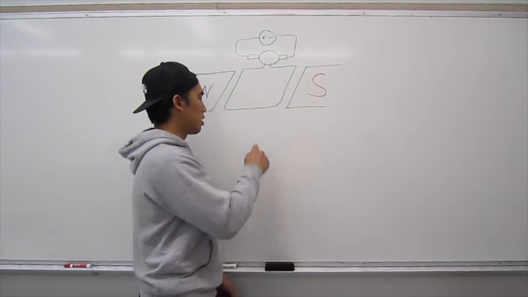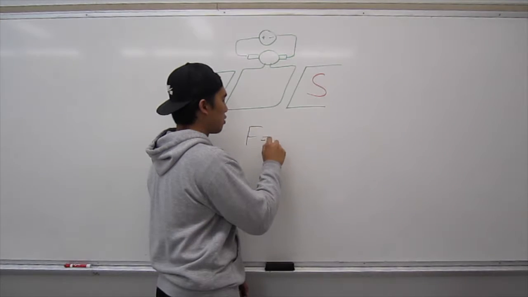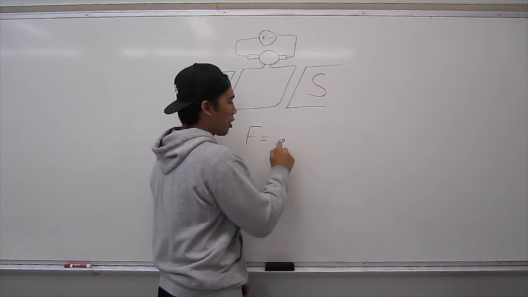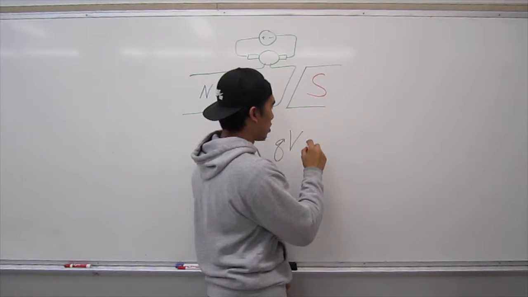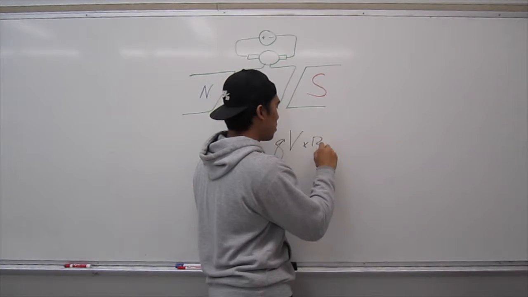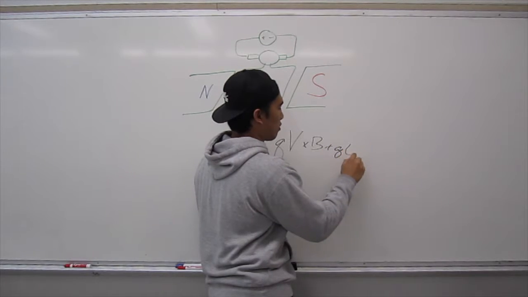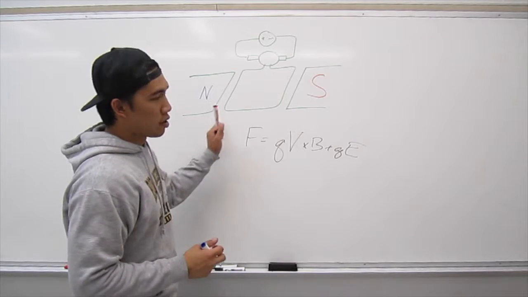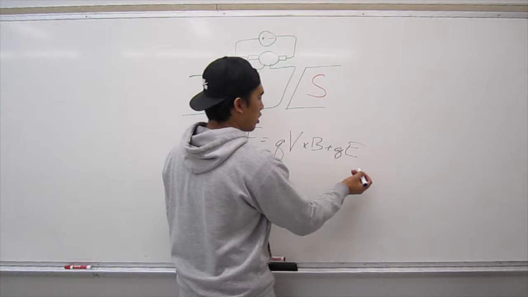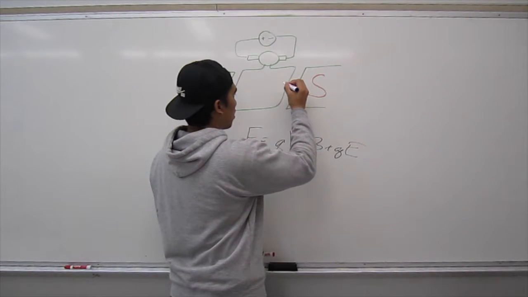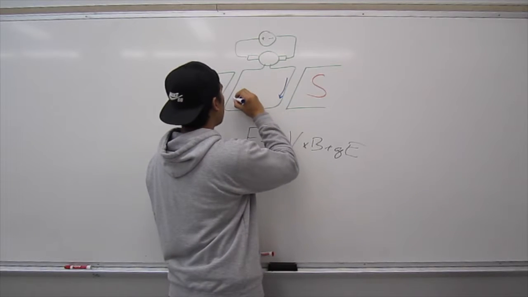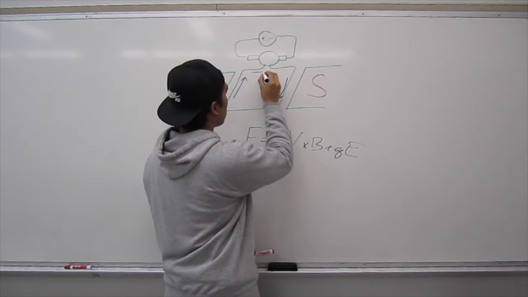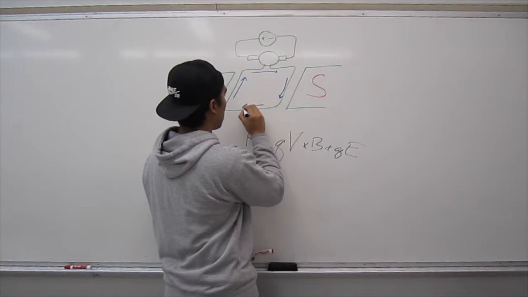Lorentz law states that force is equal to the charged particle Q with velocity v, going through the magnetic field and the electric field. So for a DC motor, our QE, our electric field, are the charged particles that are flowing in the coil this way, in this direction, around the coil.